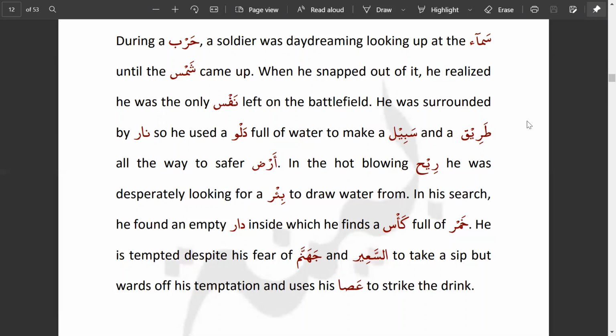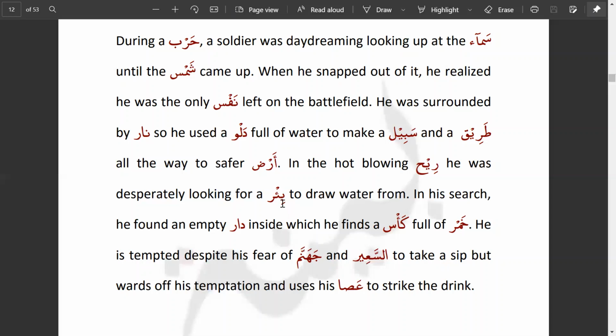Dallo, bucket. Tariq is path. Sabil. So these are feminine. Rih is wind. All types of winds. There are other words for winds. All are considered feminine.